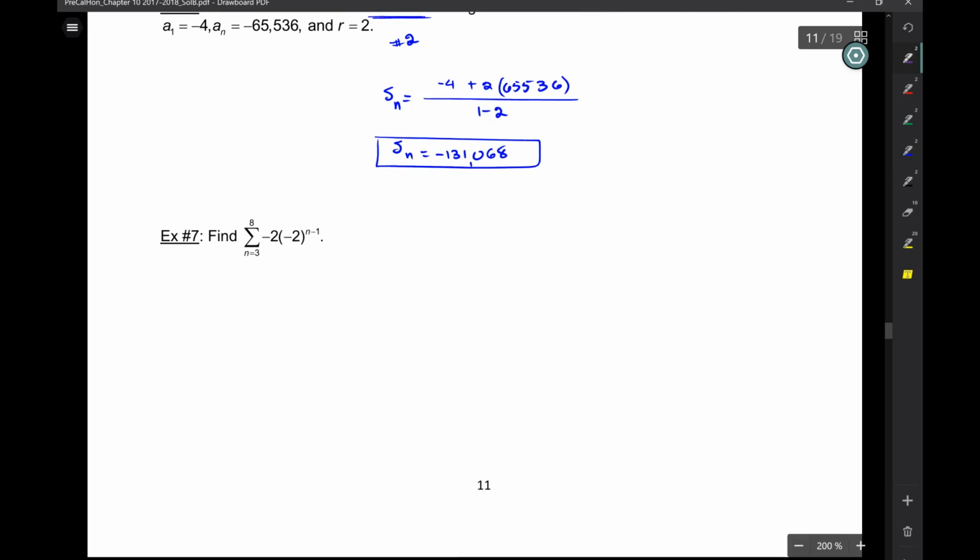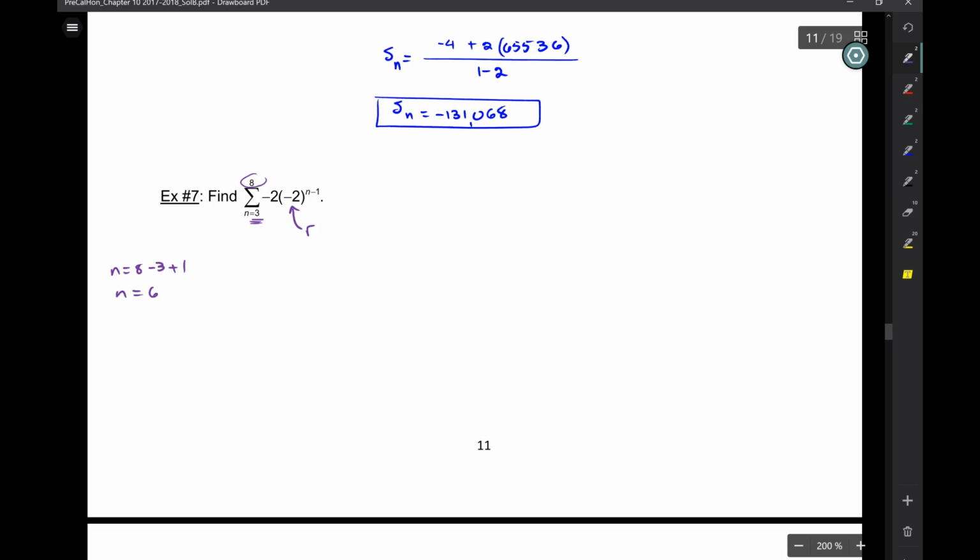Okay, when you have sigma, this number that's being raised to the exponent, that's your r. So now, I need the sum from n equals 3 to n equals 8. That's a total of 8 minus 3 plus 1, 6 numbers. The first term is when n equals 3, and that's negative 8.